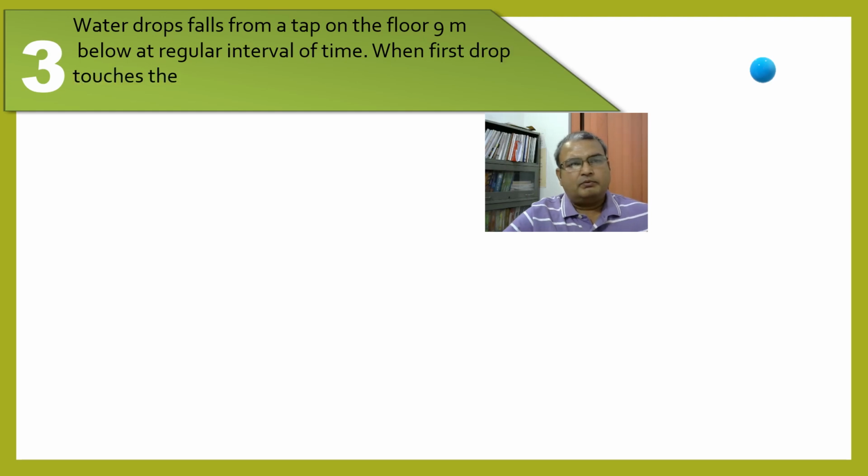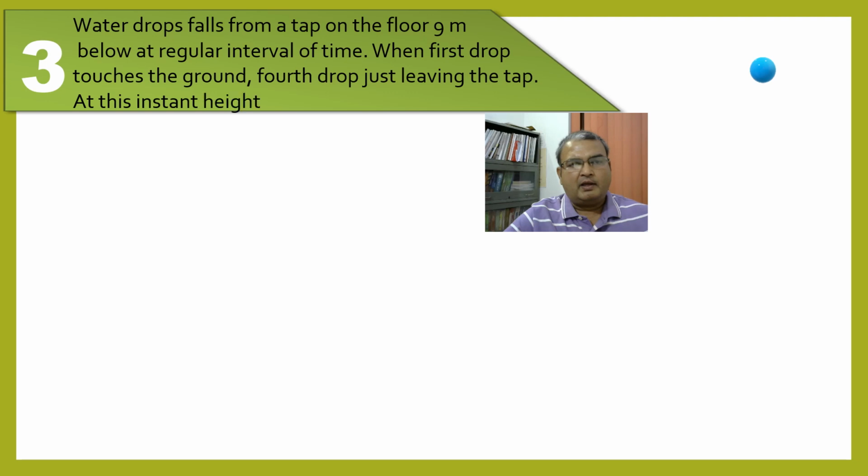When the first drop touches the ground, the fourth drop is just leaving the tap. At this instant, the height of the second drop from the ground is? Say this is the tap and water drops are freely falling.